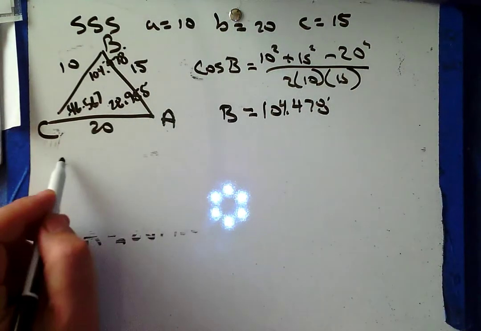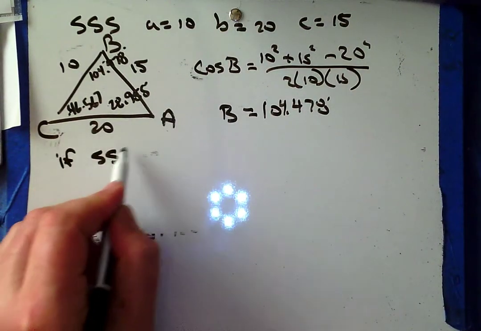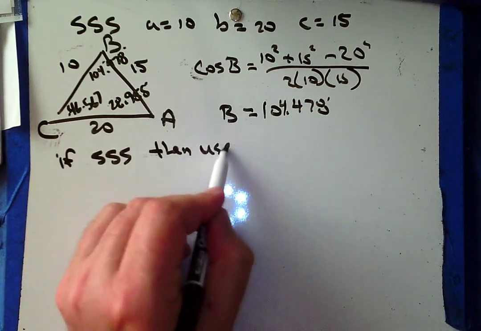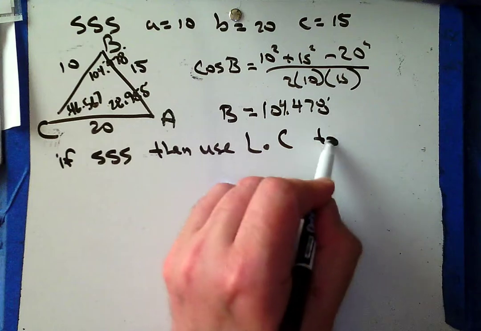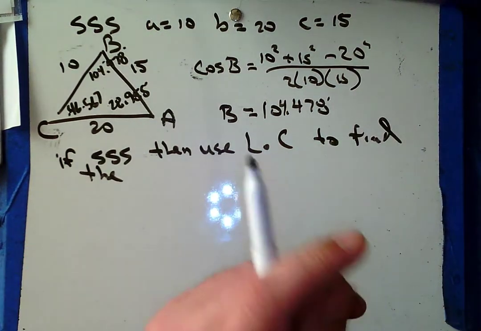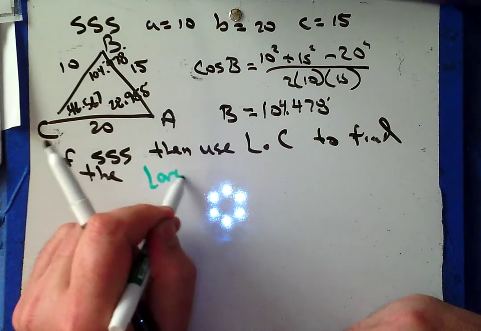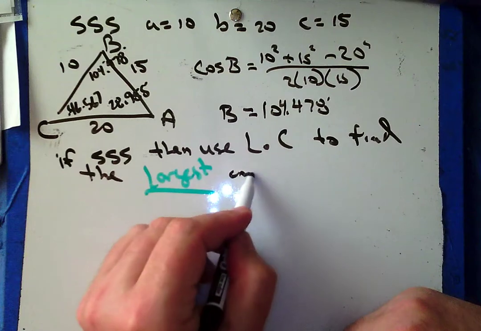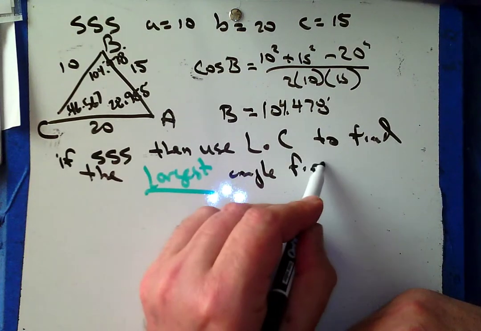So, if you're using side, side, side, then use law of cosines to find the largest angle first.